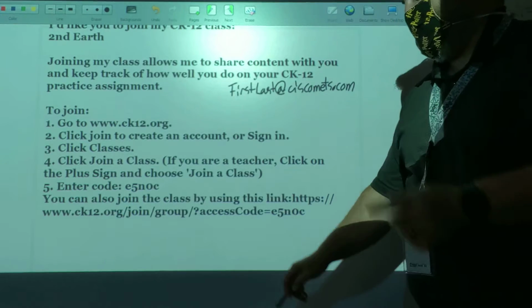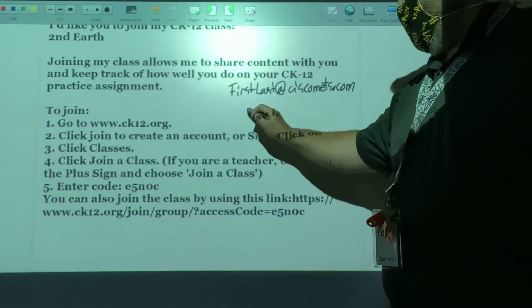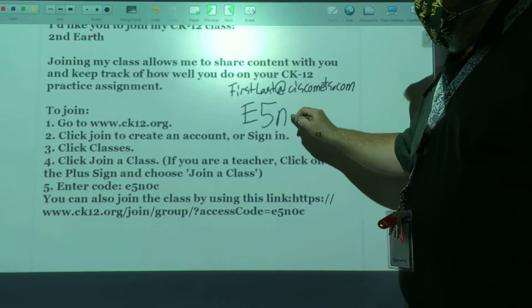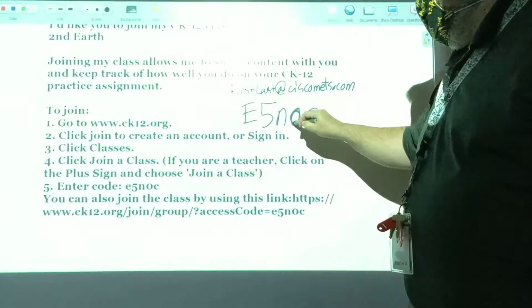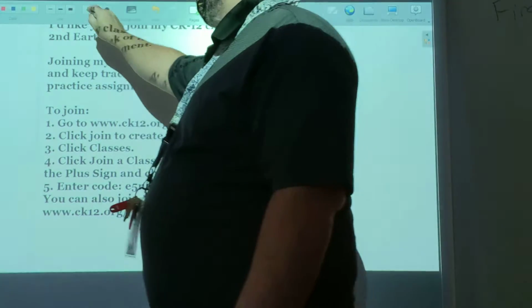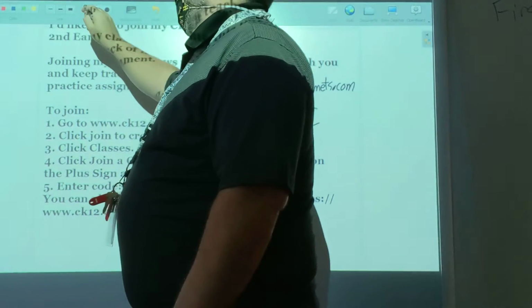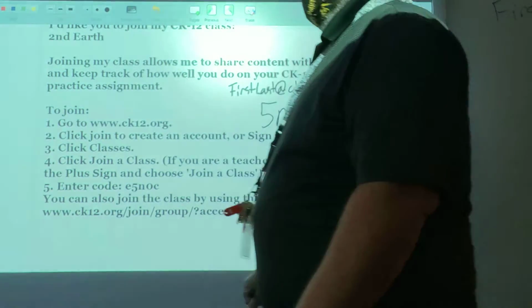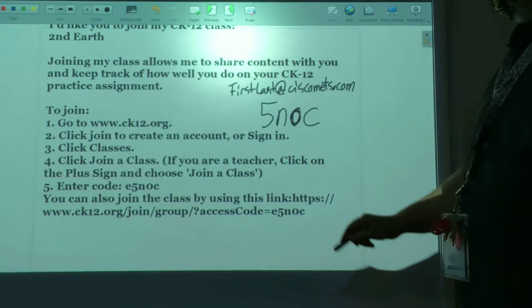And then once you create an account, you're going to click class and then join a class, and the code is E5NOC. That's an O. You join because you probably don't already have an account, so you can't log in until you have an account.